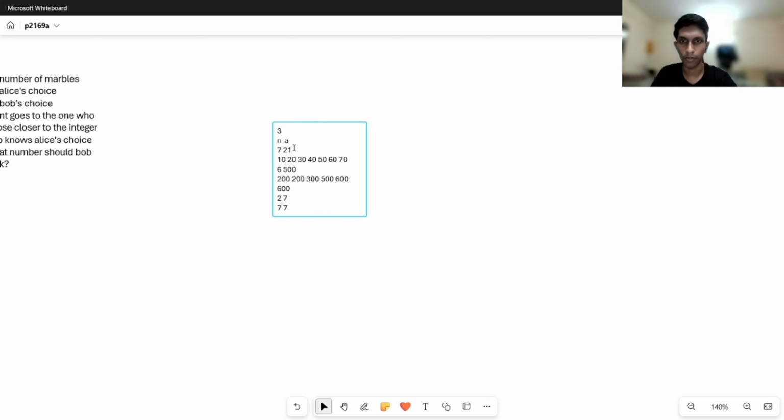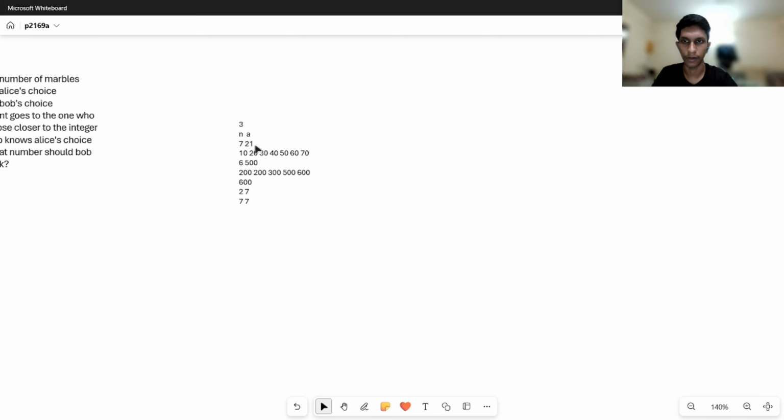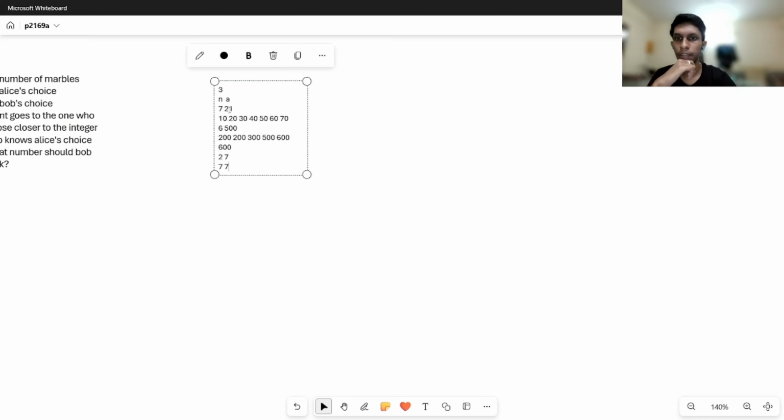Let's say that Alice has chosen 21, right? So we compare Alice's number to all the numbers of marbles, the integers on the marbles, and check how many integers are higher or lower than Alice's choice.